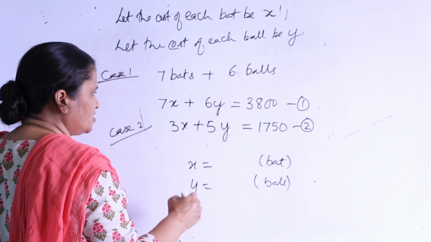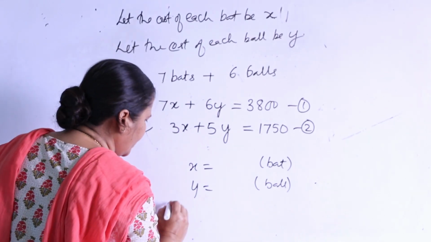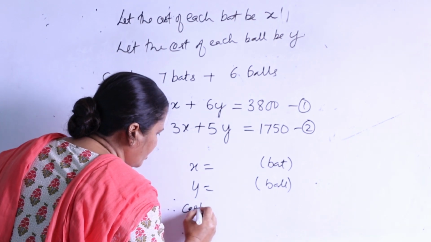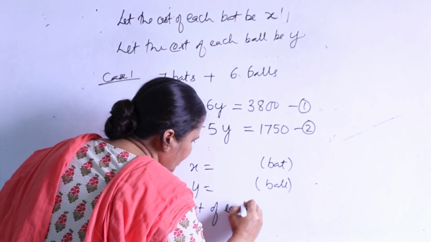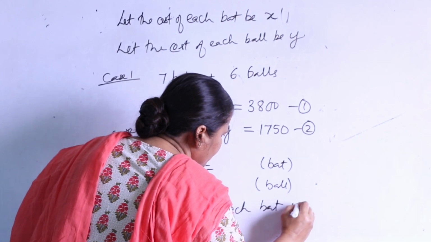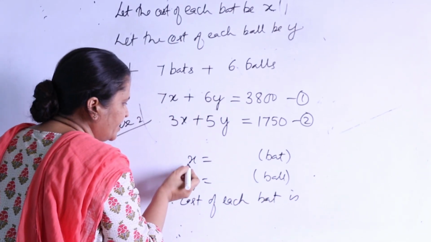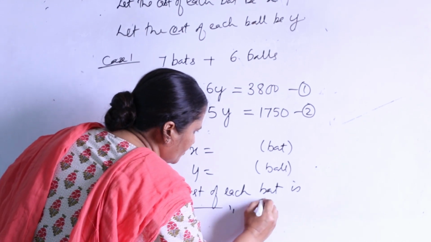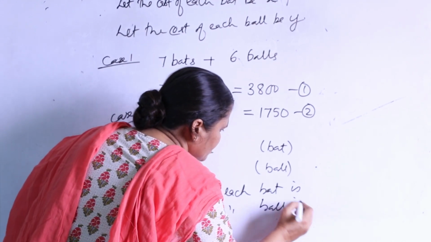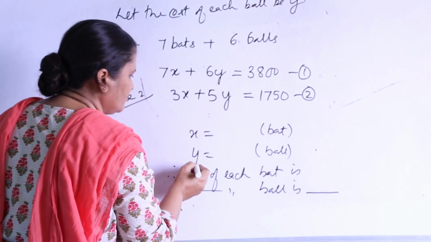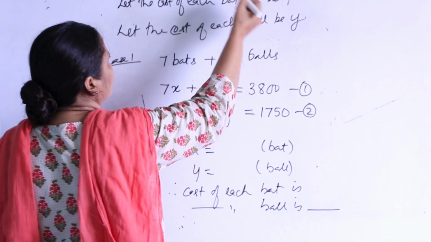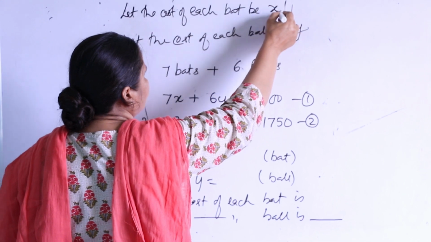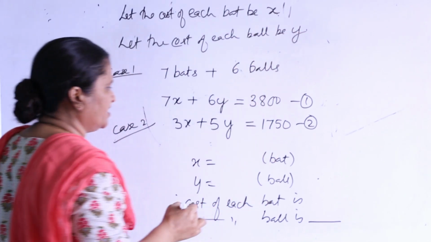And then in the conclusion, remember to write, therefore, cost of each bat is, which value will you write? X value. Similarly, cost of each ball is, what value will you write? Y value. Because our assumption, bat cost is X, ball cost is Y.